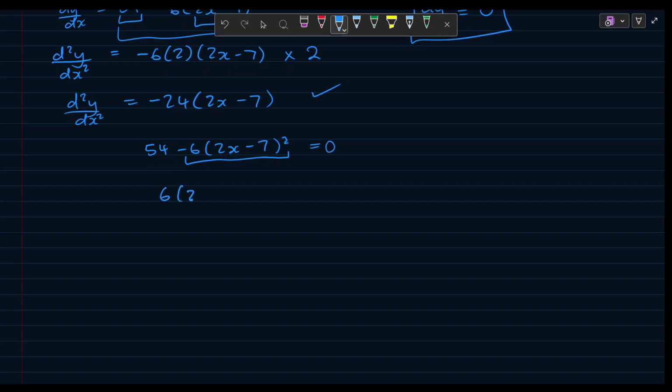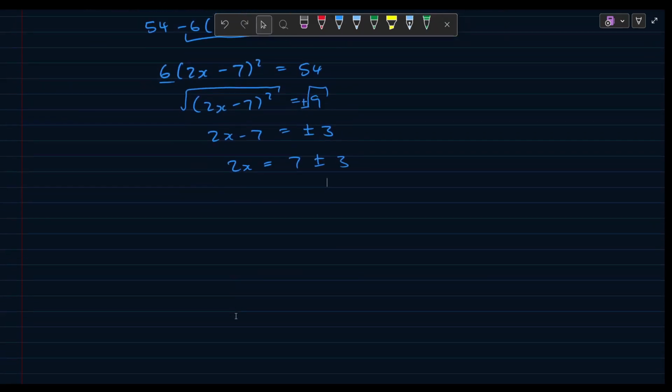That's 6 times (2x minus 7) squared is equal to 54. Divide both sides by 6. (2x minus 7) squared is equal to 9. Take the square root on both sides. Remember, this is going to be plus or minus, so 2x minus 7 is equal to plus or minus 3. So 2x is equal to 7 plus or minus 3, and divide both sides by 2.